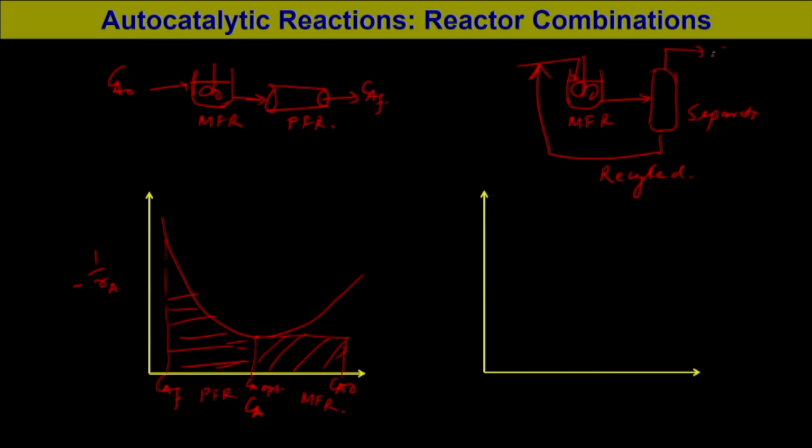So, you can separate the product CAF. In this case, the volume requirement would be, so this is optimum and this is CA naught. So, we can see that only MFR volume up to the optimum concentration is needed, running a CSTR with recycle.